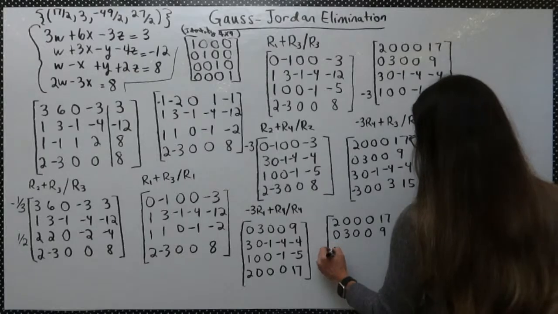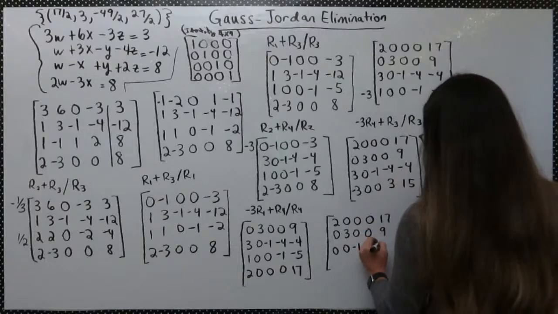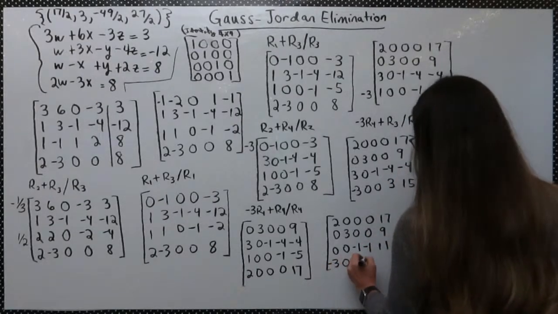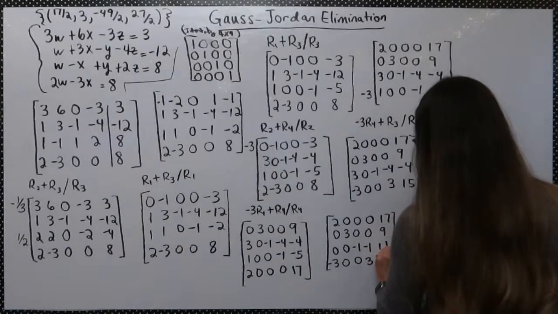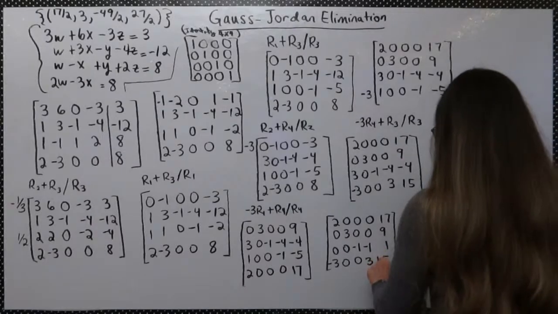And we have 0, 0, -1, -1, and positive 11. And I've got -3, 0, 0, 3, and then 15. And again, this is good practice for me writing on the board.